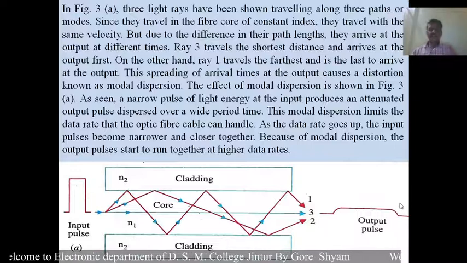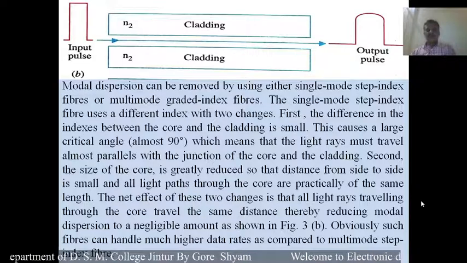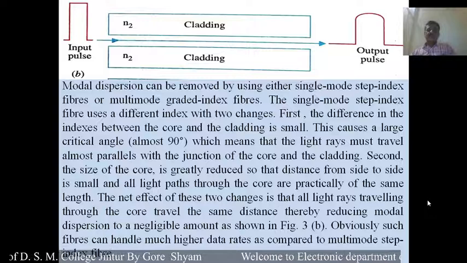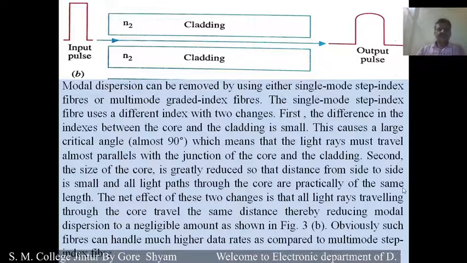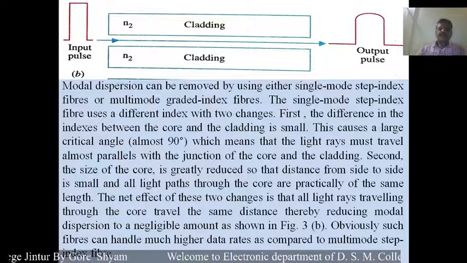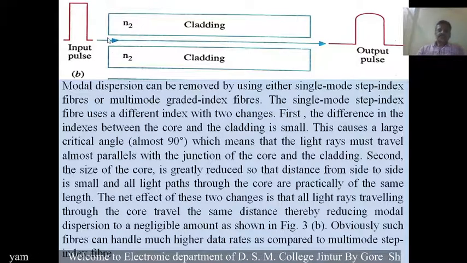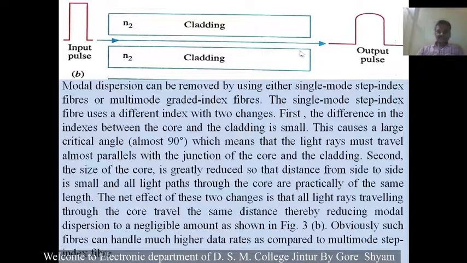So this is the step index multimode fiber. Next one is the single mode step index fiber. In the single mode step index fiber, the fiber is the same as the multimode step index fiber.